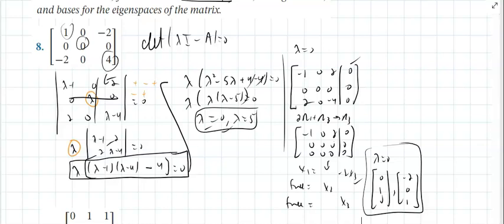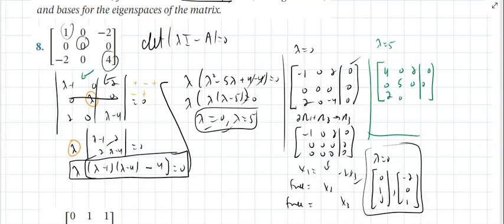And if I take the second value, lambda equal 5, and put that right there, that would be 5 minus 1, which is 4, 0, 2, 0, and 0, 5, 0, 0, and 2, 0, 5, 1, 0.